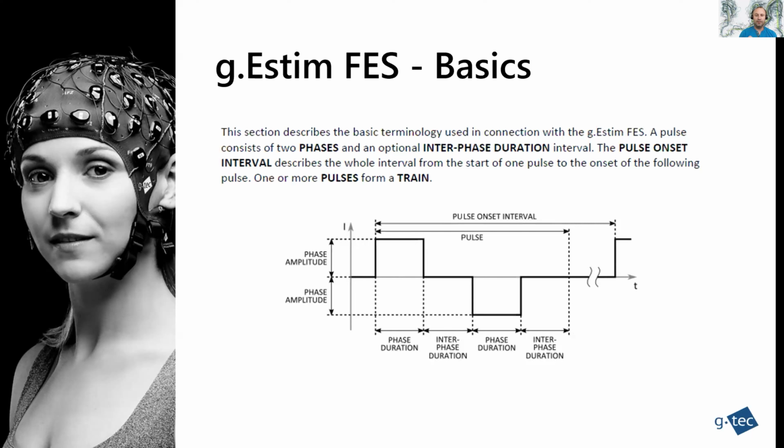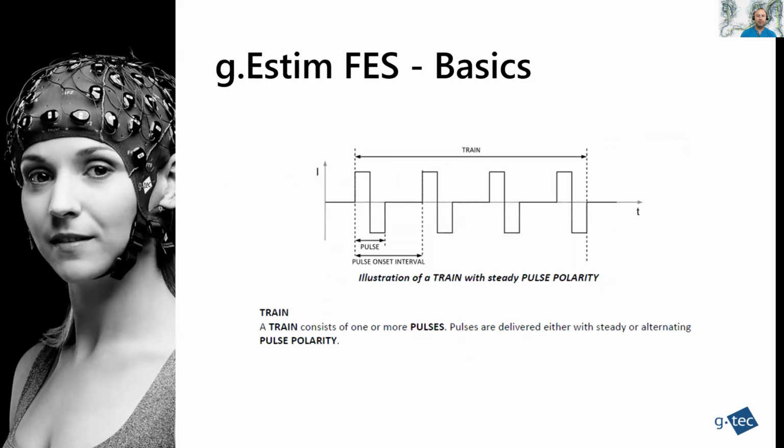And this is how it's typically described in the software also, when you set the parameters. So you can modify the phase duration. You can also set the interphase interval, for example. And altogether, what we see here is called on one side the pulse, and also the pulse onset interval. When we combine pulses, we create the so-called train. That's how we defined it in the software, and how it's called there as well, when you set the parameters.